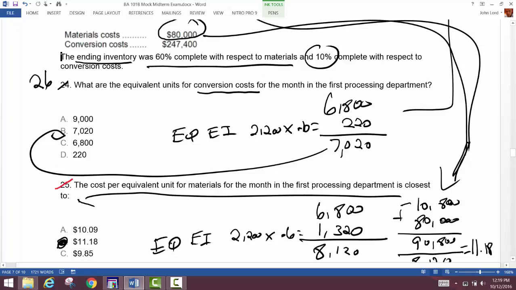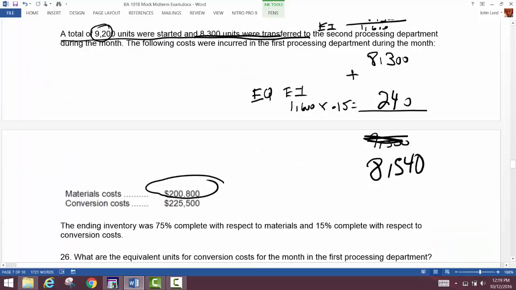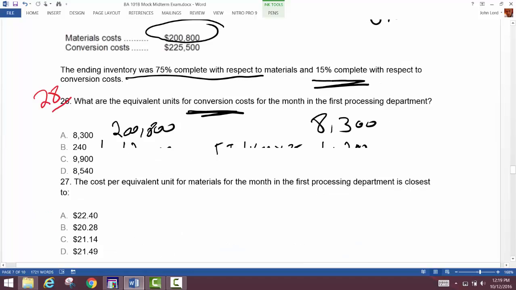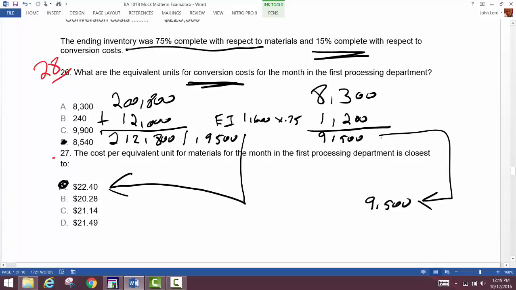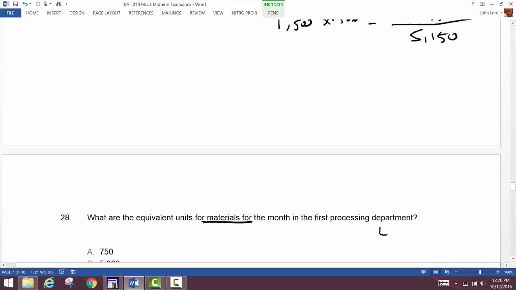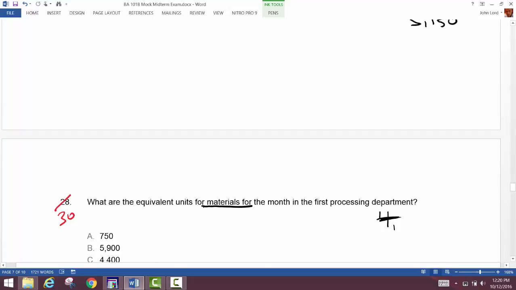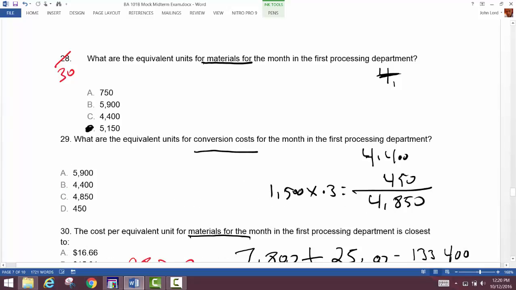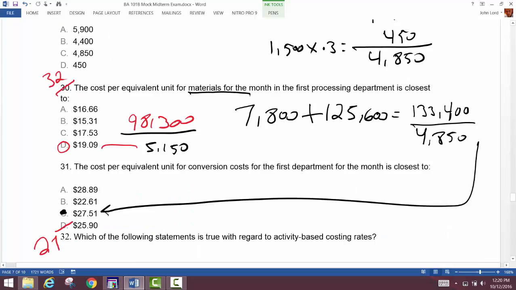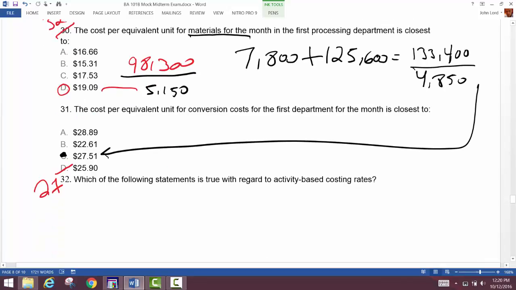So this one is what? 27, right? 26 is supposed to be 28. 27 is supposed to be 29. 28 is supposed to be 30. 29 is supposed to be 31. 30 is supposed to be 32. 31 is supposed to be what? 33.